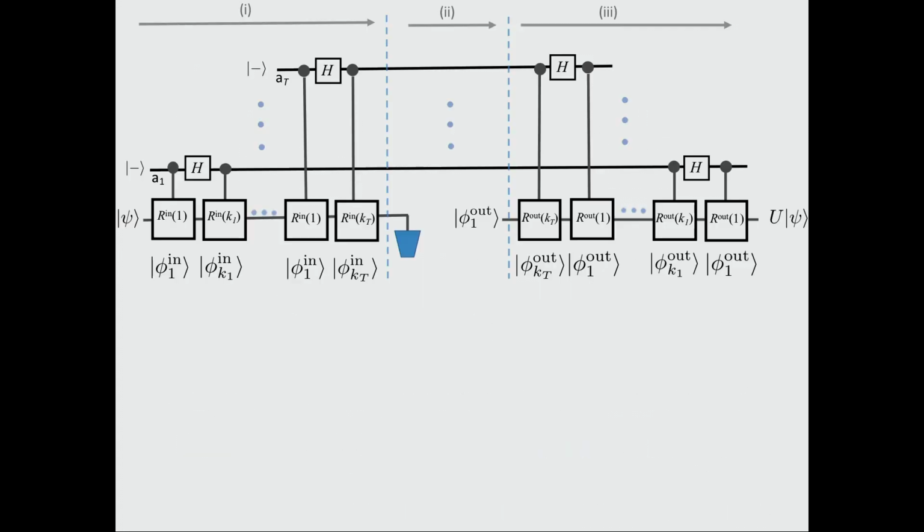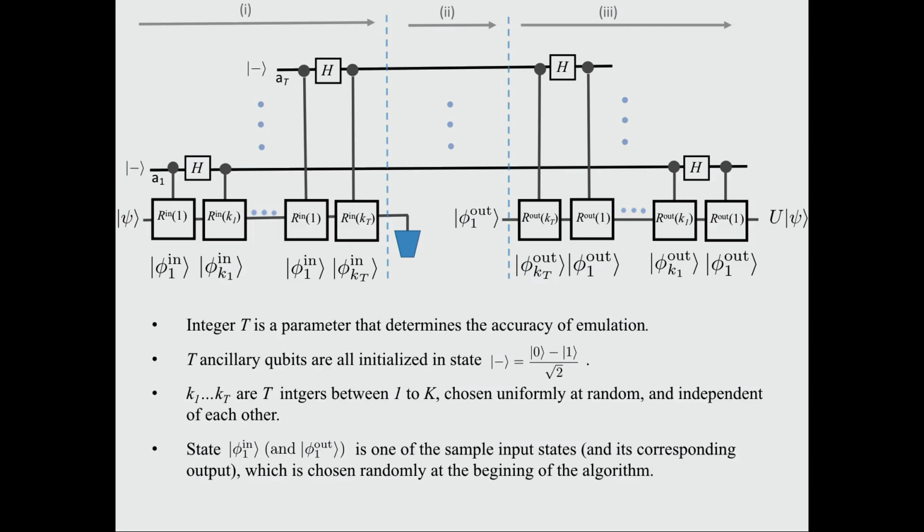OK, so now finally, we are ready to talk about the algorithm itself. This is the circuit that emulates the action of unitary U. Here, I have T ancillary qubits. T is an integer and a parameter in this algorithm that determines the accuracy of the emulation.